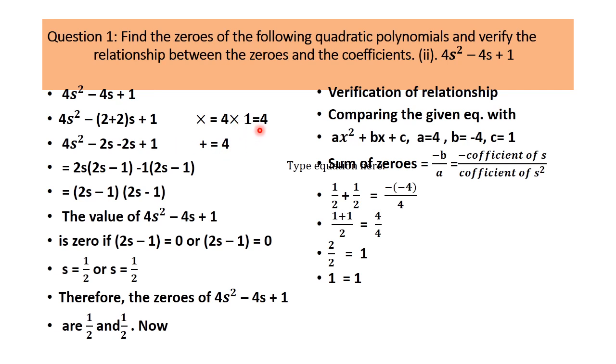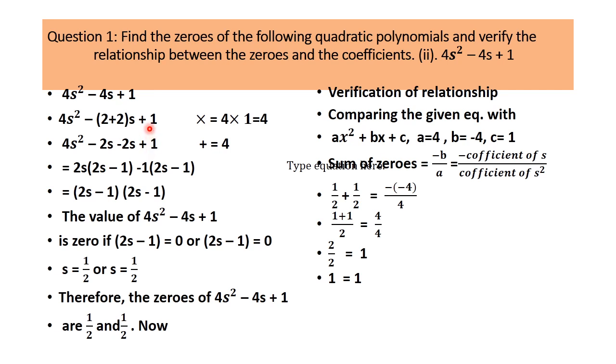So we will take two numbers whose product is 4, and when we add these two numbers we get 4. So 2 2s are 4, 2 plus 2, and when we add, we get 4. So this is minus 2s minus 2s.